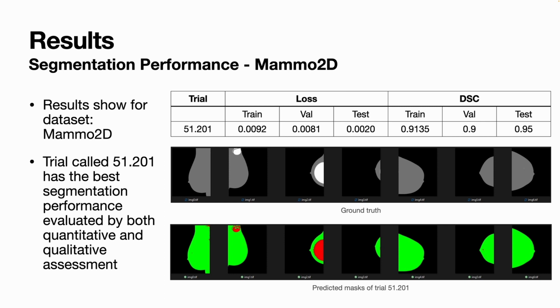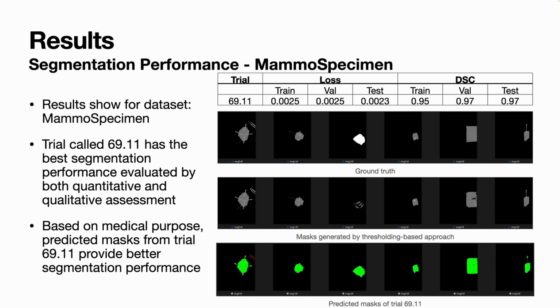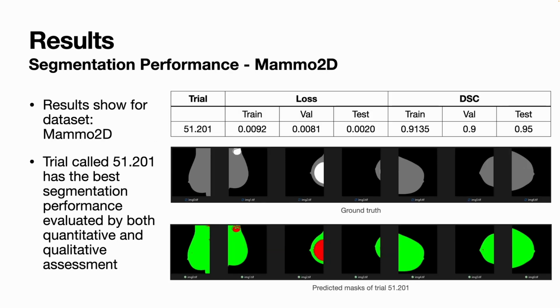First, on the Mammo 2D, most of the masks generated from the current method were good enough to use under graph tools, so in this case, the current method could be considered the golden standard. The slide shows the best run, where the deep learning approach has a score around 95%.